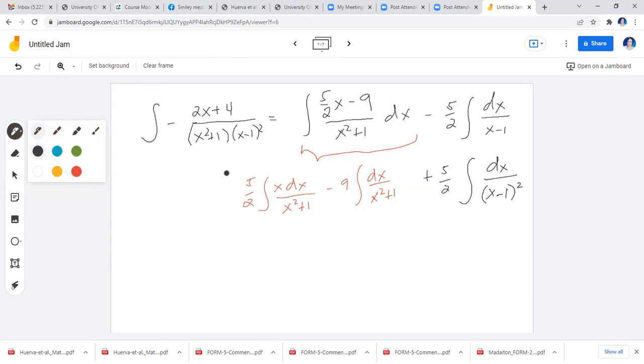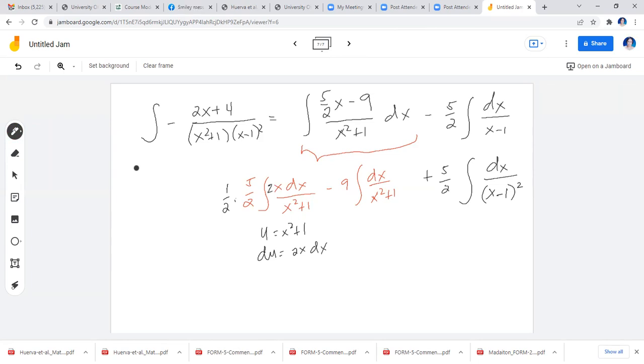So for this one, you can have an ln for this because your u in this case is x squared plus 1. Your du is 2x dx. You only lack the 2 here. You place 1/2 before your integral.